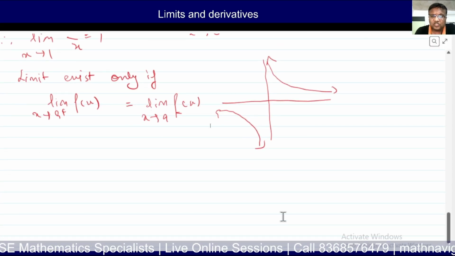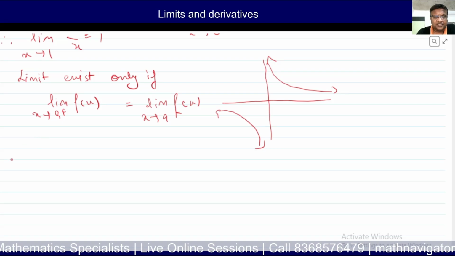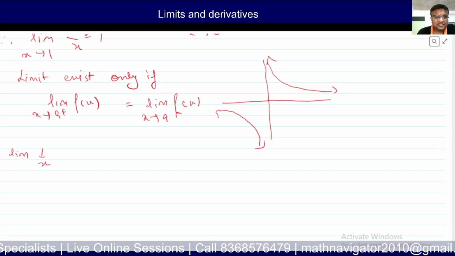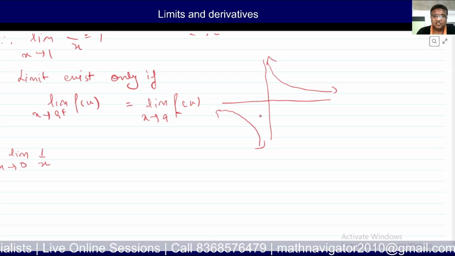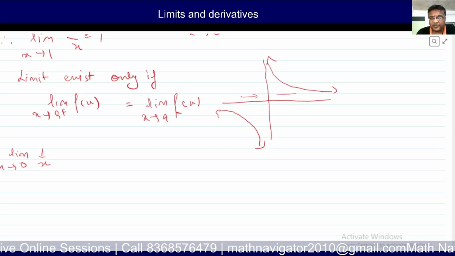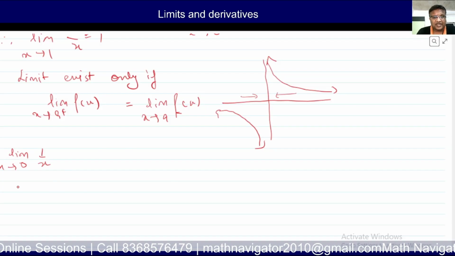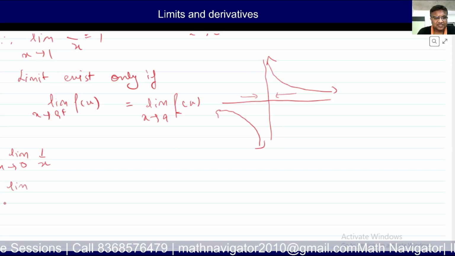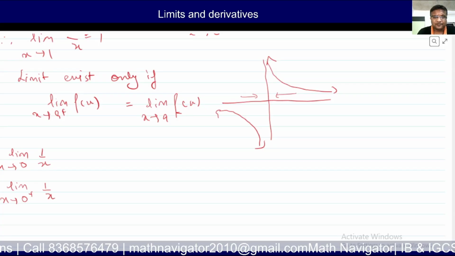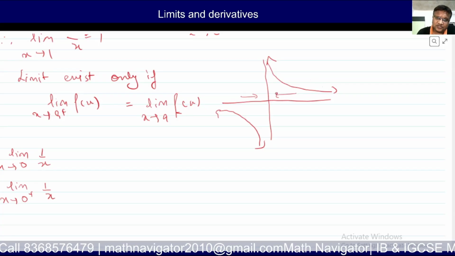So if I take this point, that means if I put limit 1 over x, x tends to 0. So this x is equal to 0, I can reach from here and from here also. So what I can write is limit x tends to 0 from positive side.